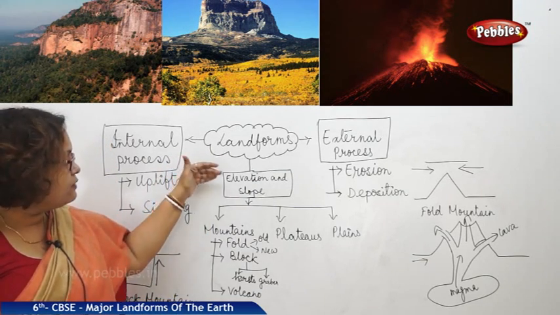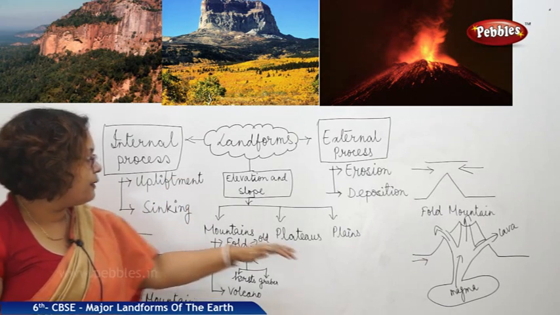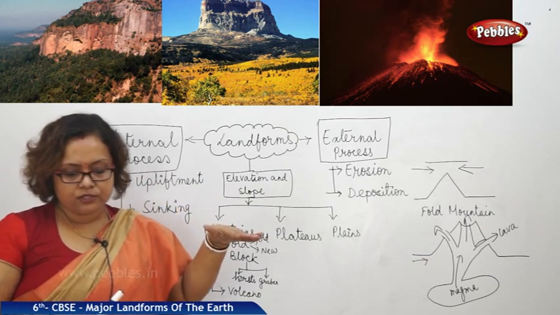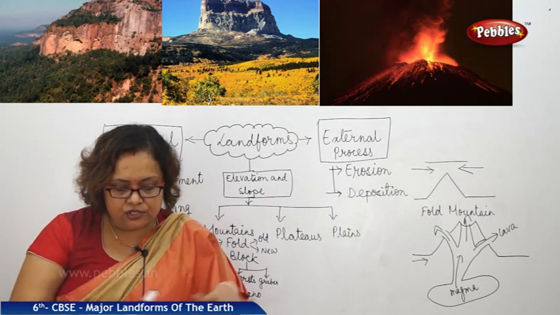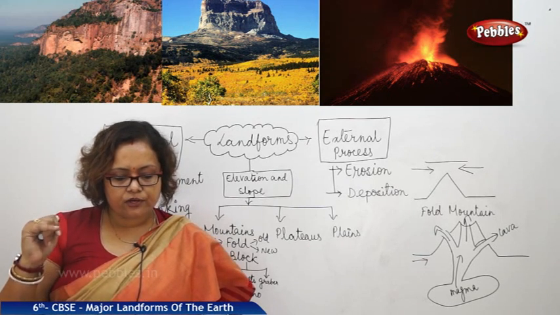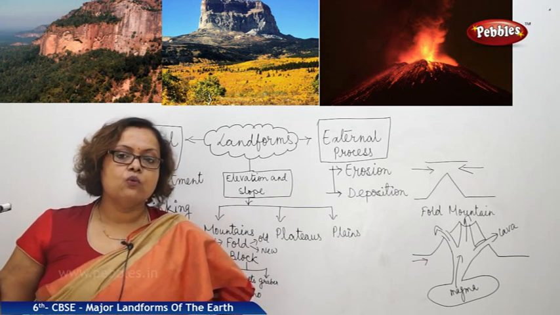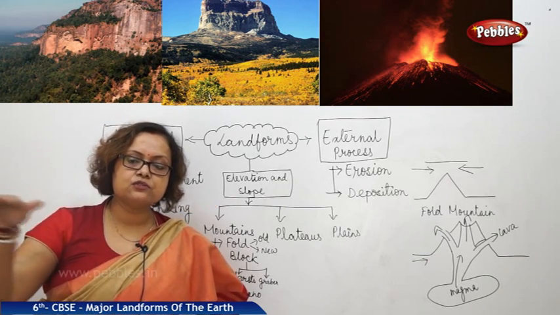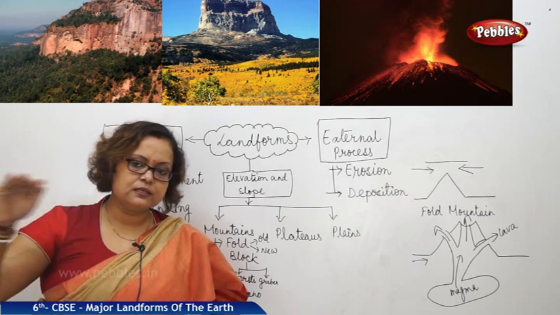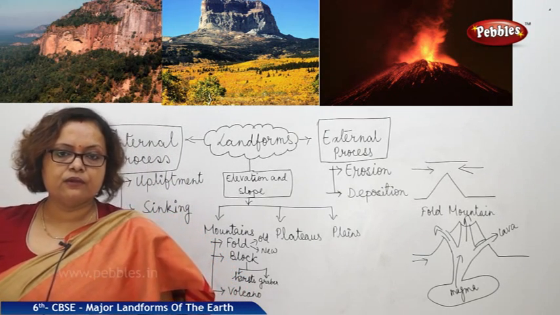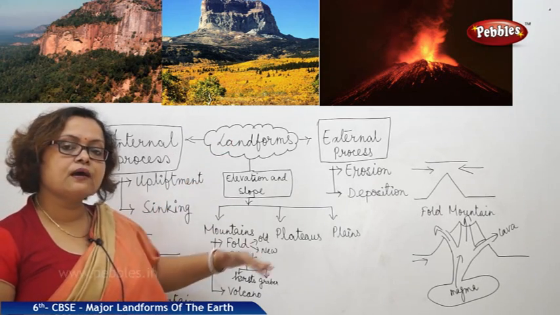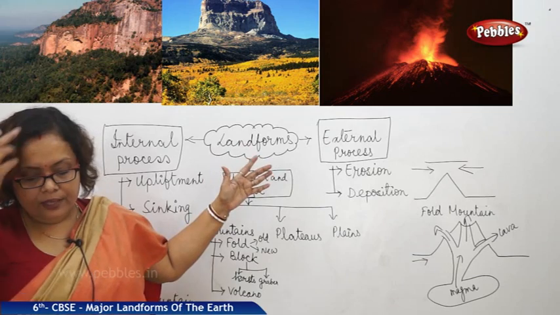If you consider elevation and slope, plateaus come in the next position after mountains. Plateaus are large stretches of flat land that are generally not more than 200 meters above the mean sea level. What is mean sea level? The sea level is always a fixed thing, and based on the height from the sea level, we consider something a mountain.